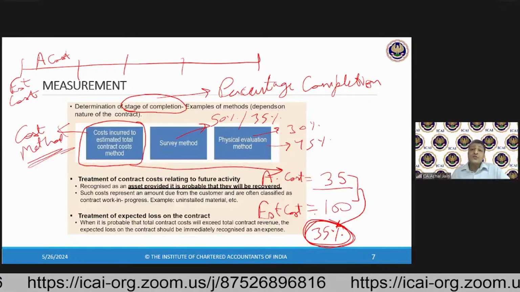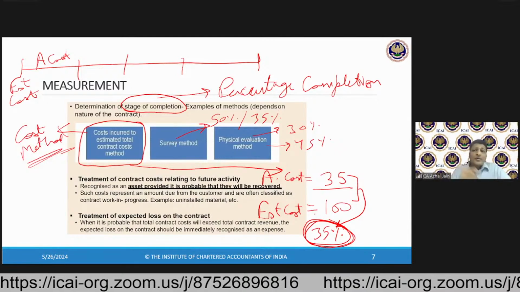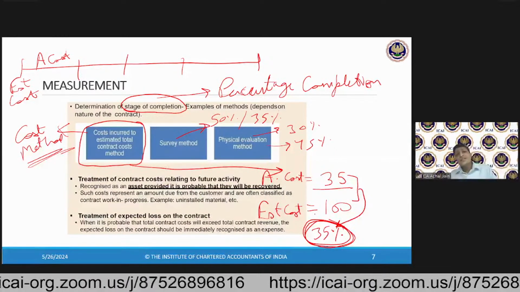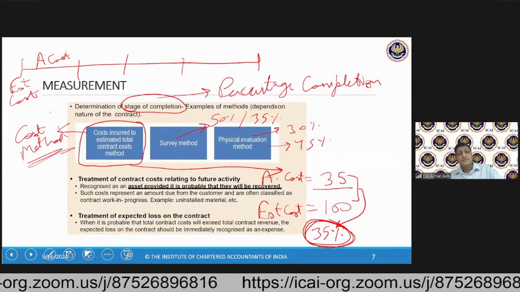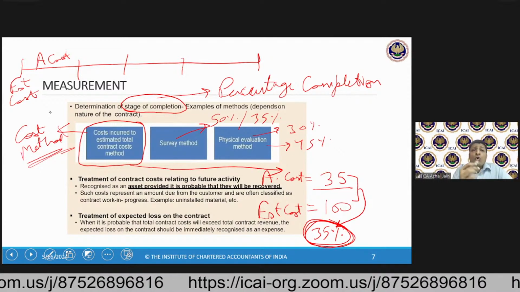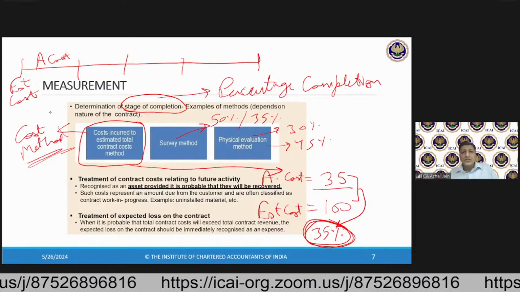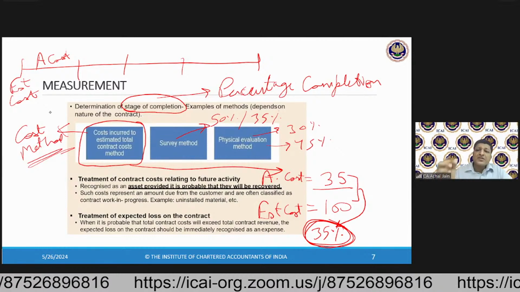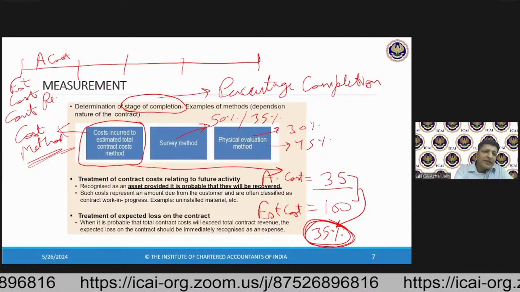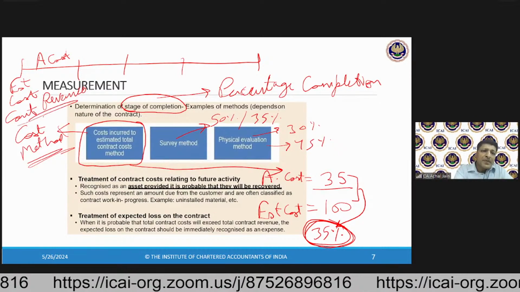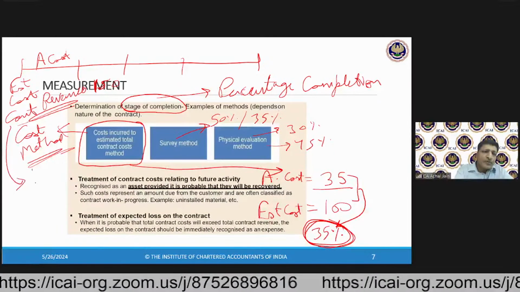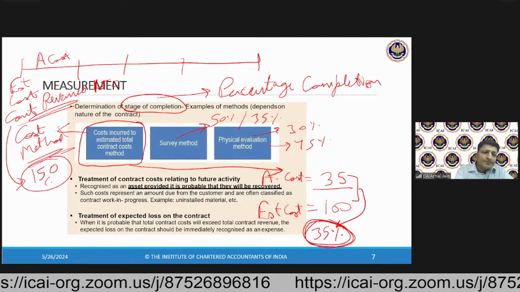Now, let's also try to understand how the revenue will be recognized in the first year. Okay. Now, let's suppose in this example, the contract revenue for the entire 4 years period happens to be 150 crore.